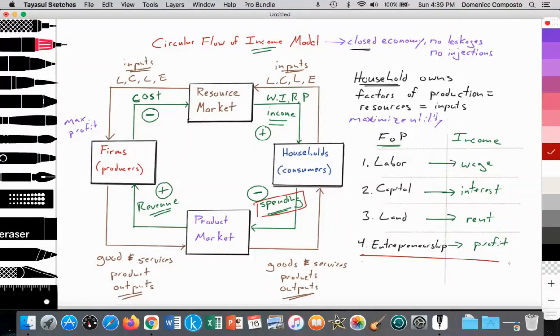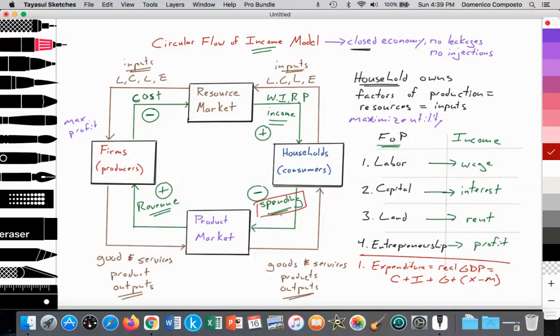And so I'm just going to make some notes here for macro. The expenditure approach is real GDP. In that approach, we're measuring all of the spending within a nation by looking at all of the consumption spending, plus all of the investment spending, plus all of the government spending, plus all of the exports minus imports.